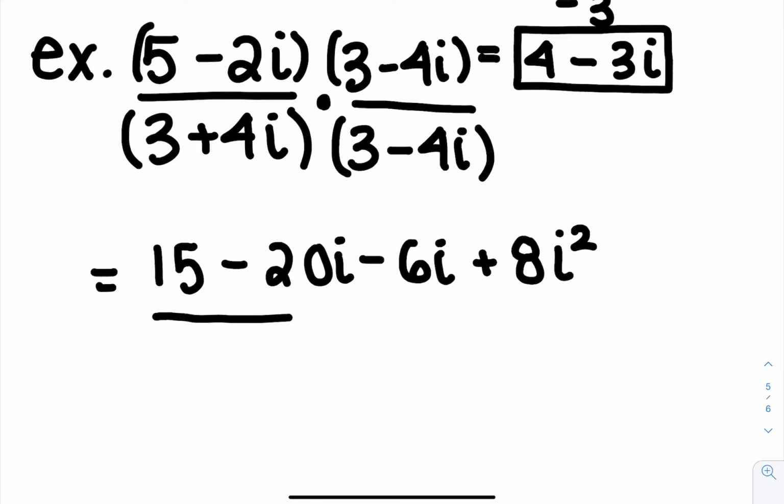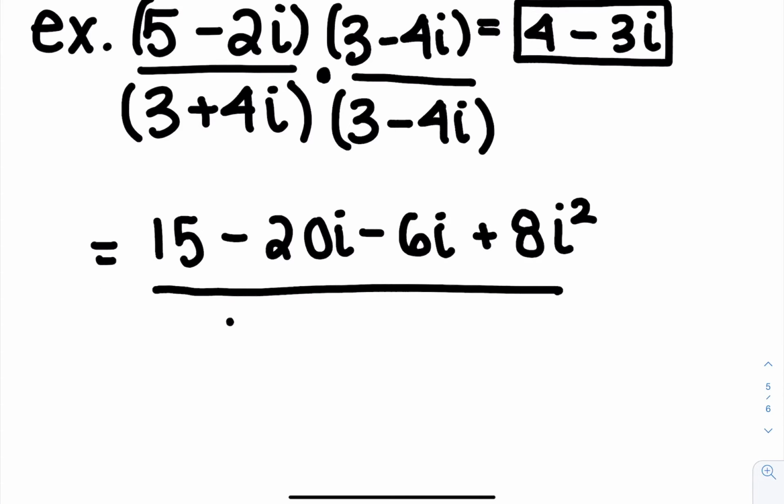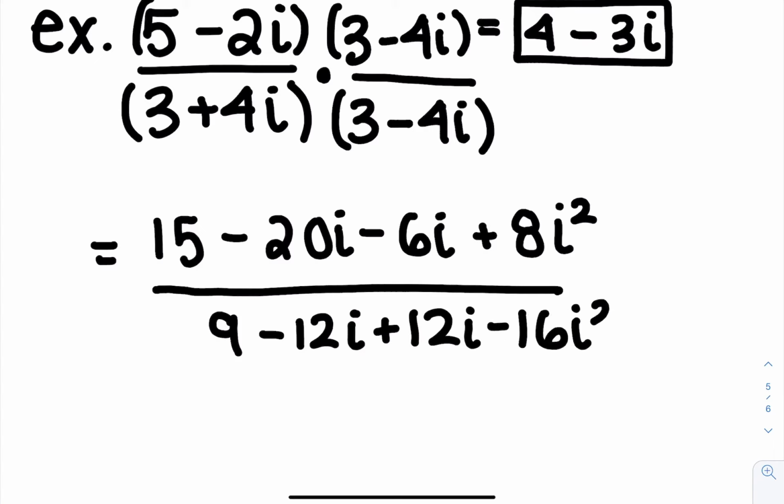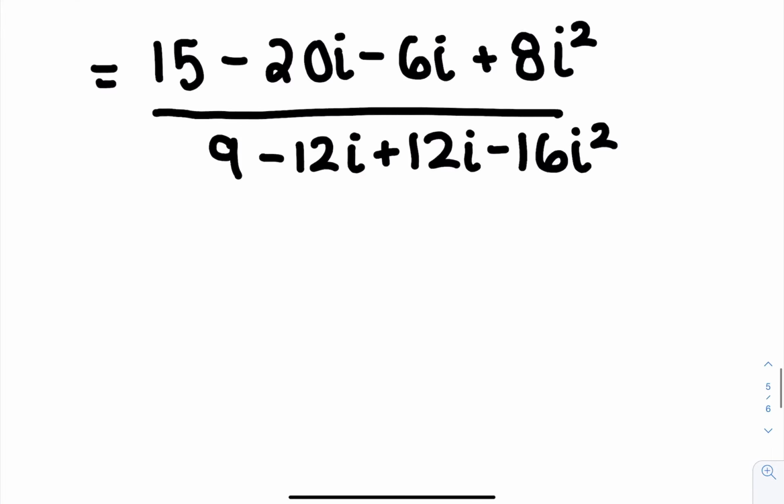Now in the denominator is where something cool happens because we're trying to rationalize. So I get a 9, then I get a minus 12i plus 12i minus 16i squared. When I combine like terms, something really cool is going to happen where the denominator is going to be rationalized. So let's see what happens if I combine.